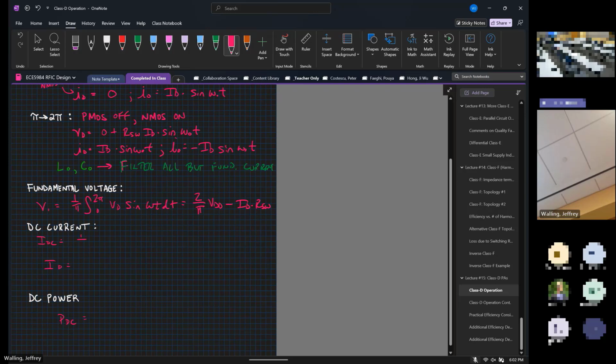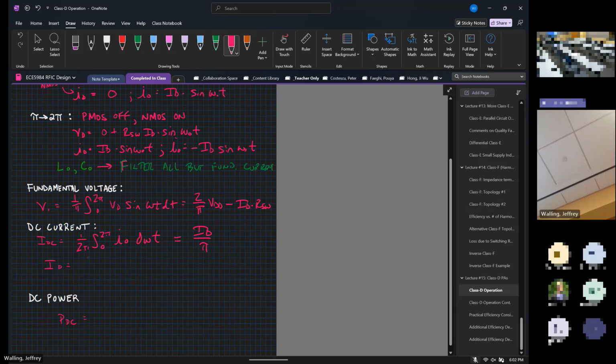We can find our DC current. It's just the average current, so 1 over 2 pi times the integral from 0 to 2 pi of I out d omega t. This is equal to ID over pi.